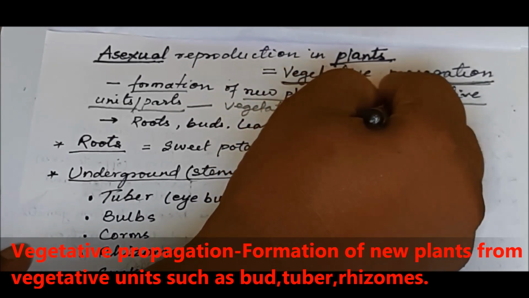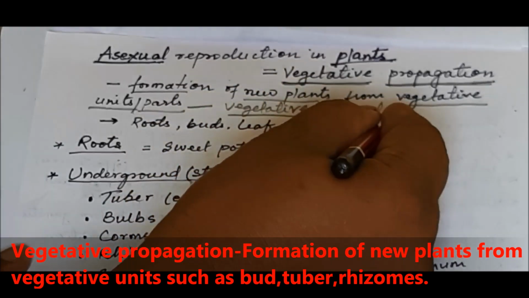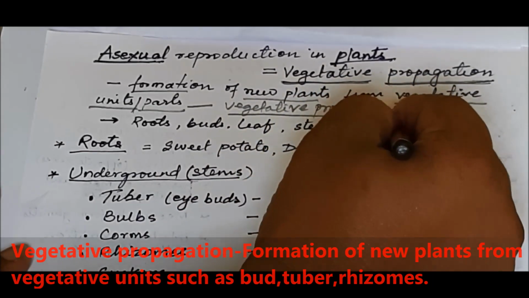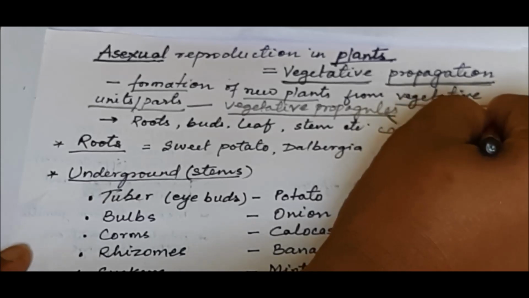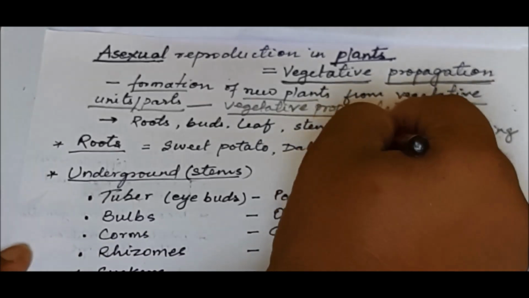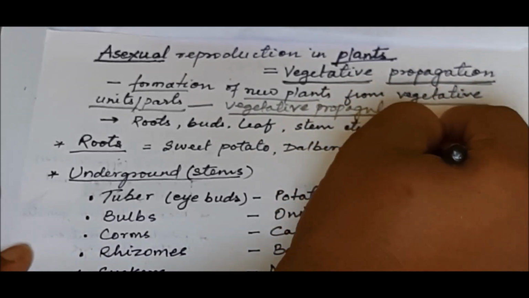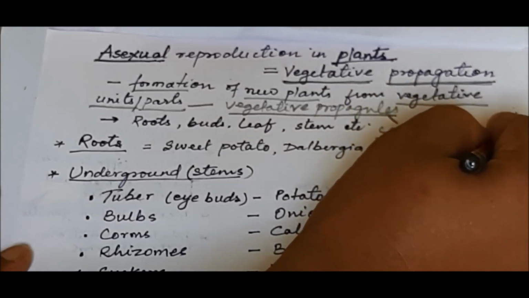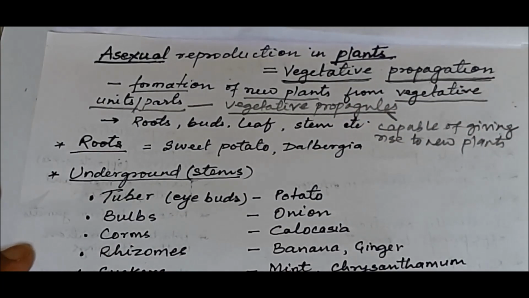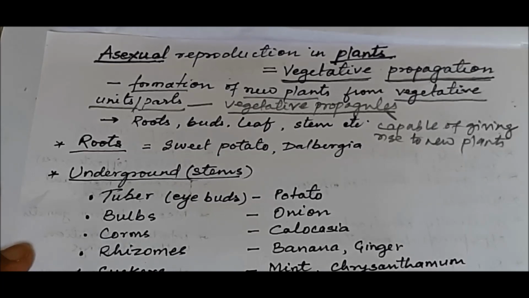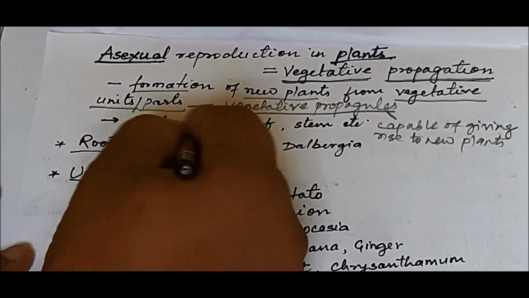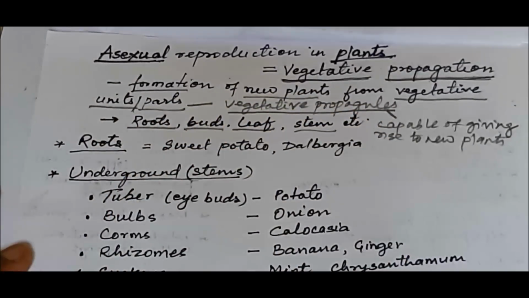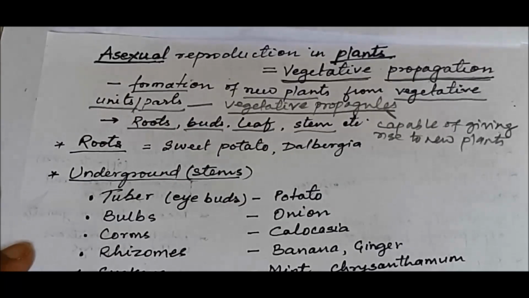Vegetative propagules are capable of giving rise to new plants. Vegetative propagules or vegetative units can be roots, buds, leaf, stems, etc. So now let us see one by one.